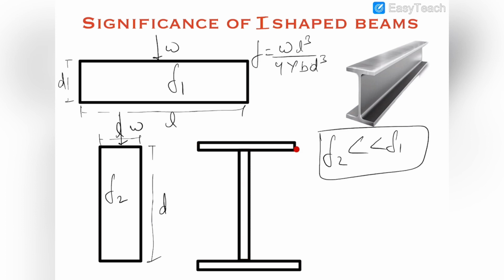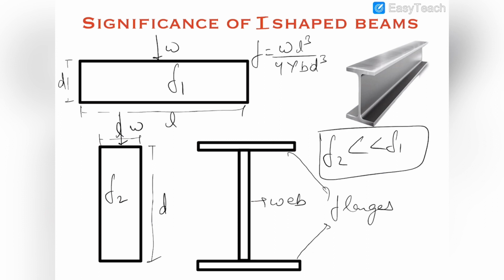Now why are these I sections used? These are called flanges, and this is the web. We are using this web as the beam, and these are the flanges.